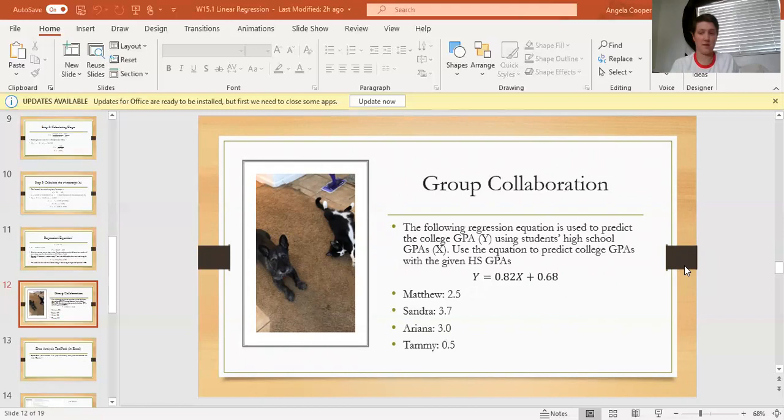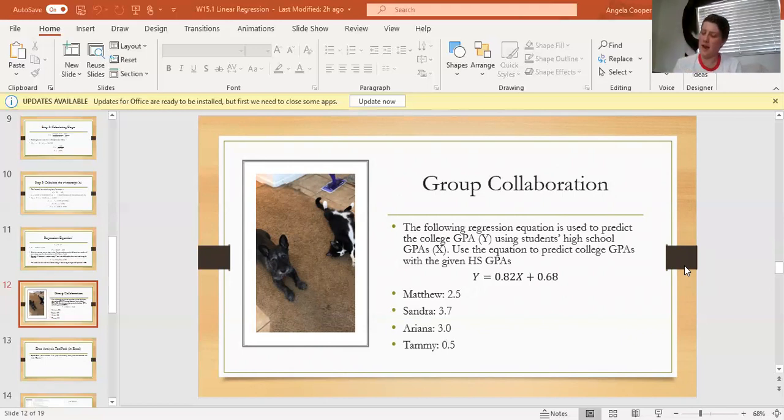I need my handy dandy calculator, which I have charging. 0.82 times 2.5 equals 2.05, and then we're going to add 0.68. So the predicted college GPA for person number 1 is 2.73. Again, we're just plugging in that 2.5 for x and calculating y.